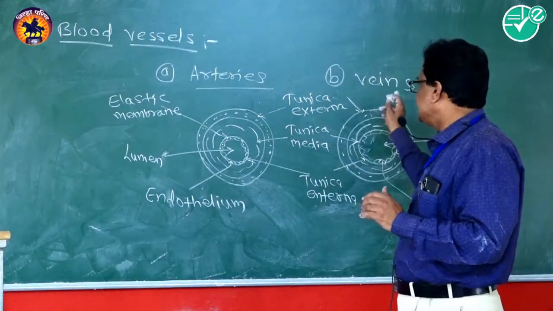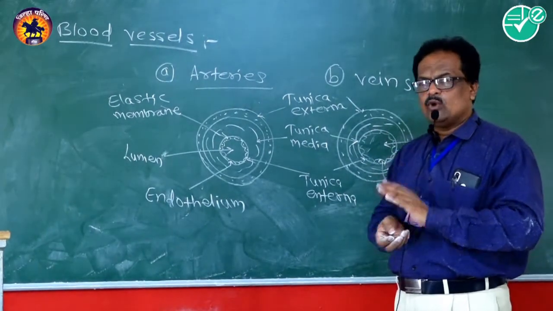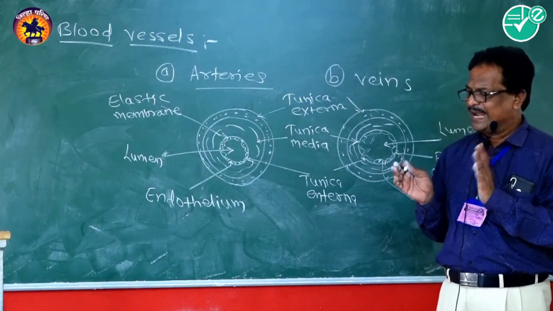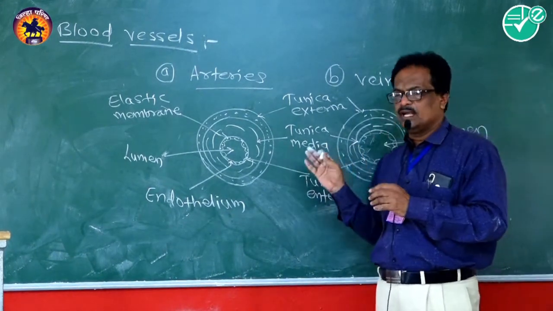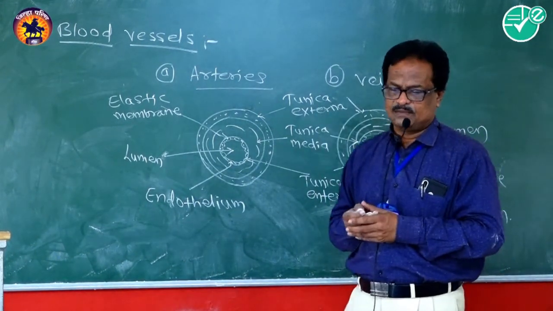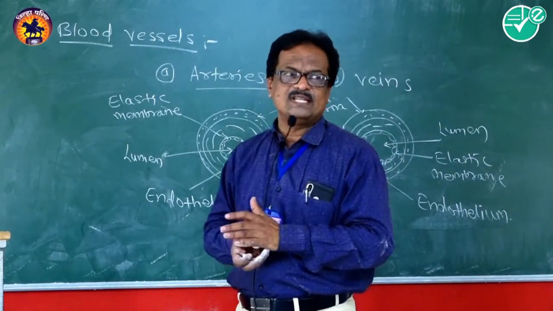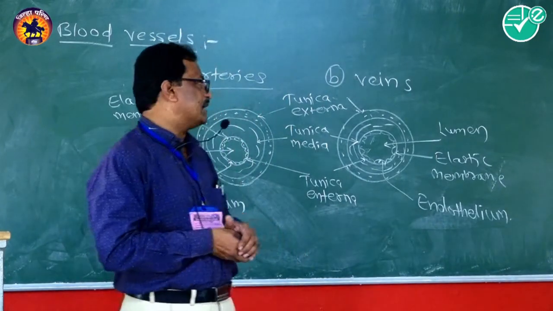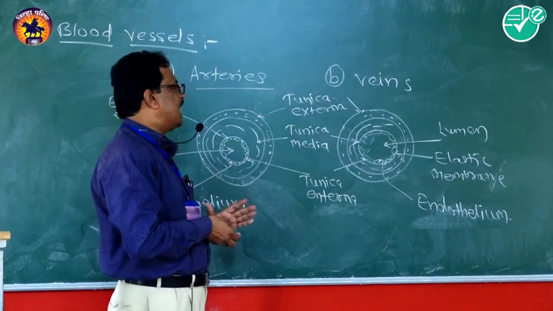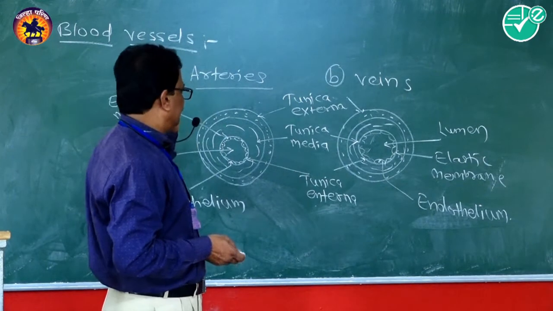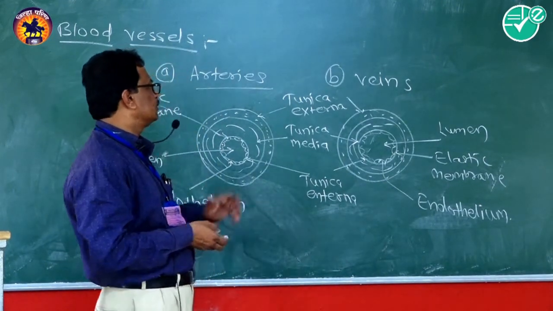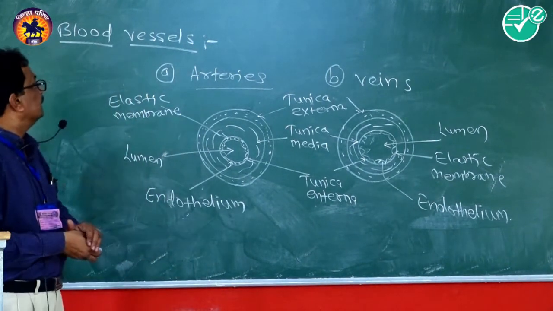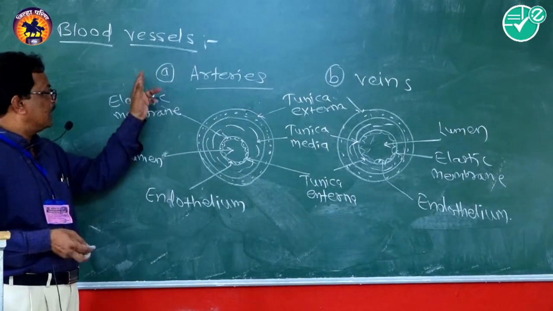While the two pairs of pulmonary veins connect the left auricle to the lobes of the lungs and carry the pure blood from the lungs to the heart. These two blood vessels are the exceptions to the usual functions of arteries and veins. That's about the blood vessels, arteries and veins.